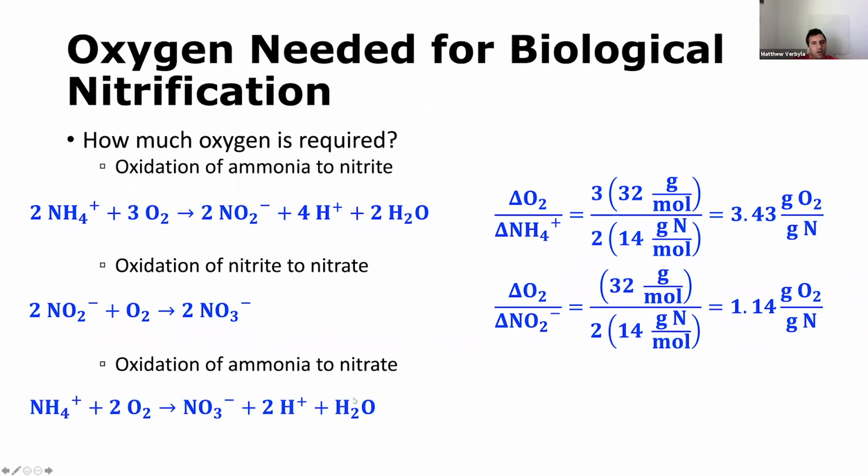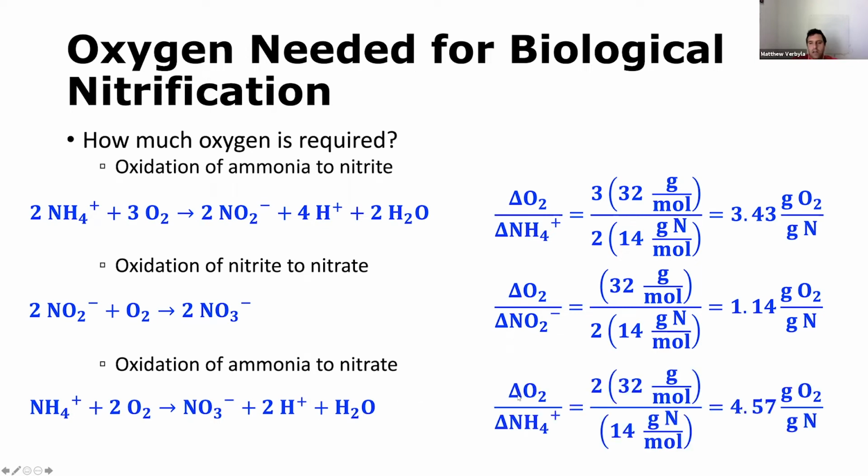If we look at the overall reaction, right, NH4 plus 2O2 goes to NO3 minus plus 2H plus H2O. We do the same calculation, that's 2 moles of oxygen at 32 grams per mole divided by 1 mole of ammonium at 14 grams of nitrogen per mole. That gives us 4.57 grams of oxygen per gram of nitrogen.